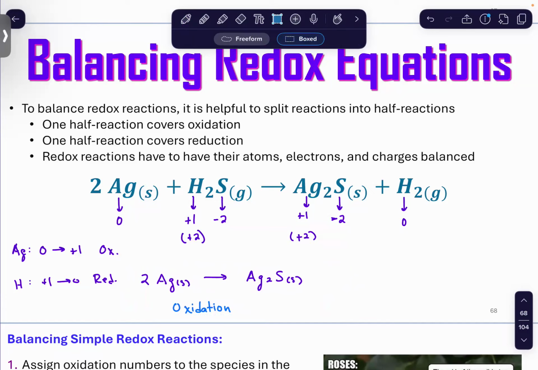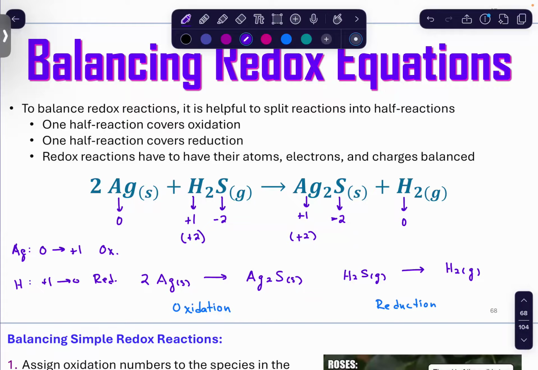My other half reaction is going to be reduction, so it has to be the hydrogen species. And so for reduction, I'm going to take my hydrogen sulfide gas, and then it's going to yield hydrogen gas. And I get that, for the reduction half reaction, I don't have a sulfur on the right-hand side.